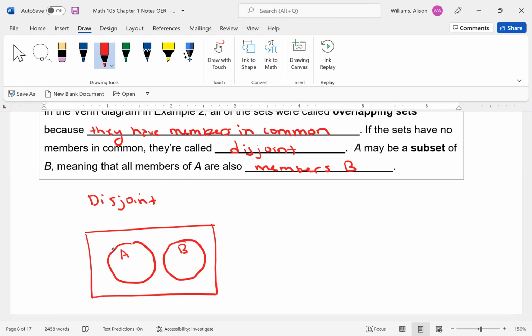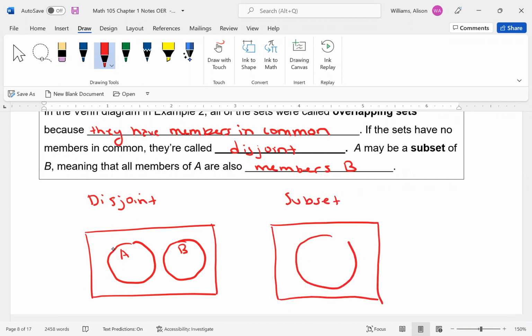Subset means that everything in one set is also in the other. So if A is a subset of B, here's B, and then A is actually inside of B. Everything that's in A is also in B. So it's within the subset.